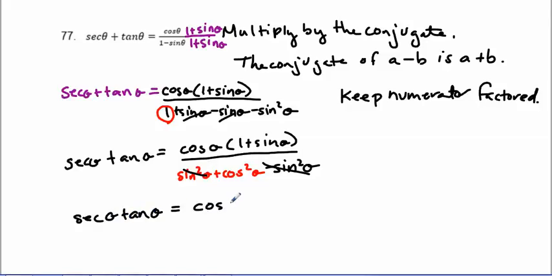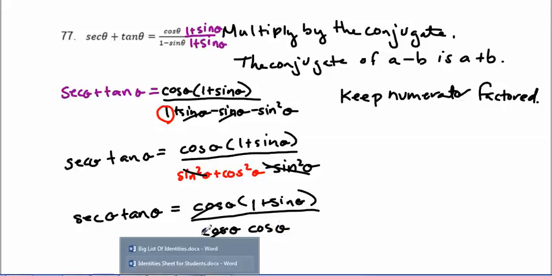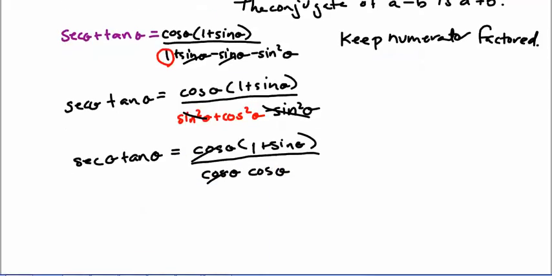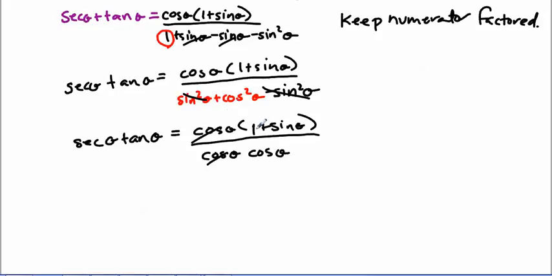So secant theta tan theta. Copy your numerator again. Your denominator, you can write that as cos theta, so that you can watch these two cancel out. Now, in your numerator, if you have 1 plus sine theta, you can split that into two fractions.